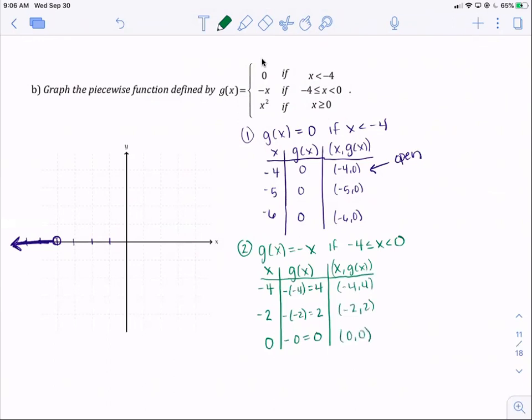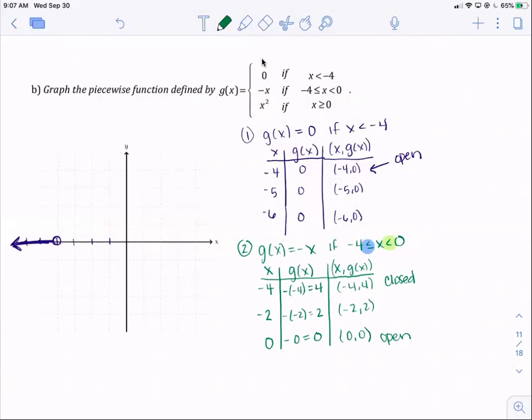And now we need to figure out open or closed. So when x is less than or equal to, okay, here that means we're going to have a closed dot. But then if we look at the other end, we have less than, which means we're going to have an open dot.